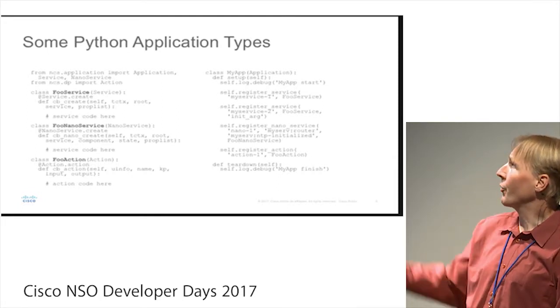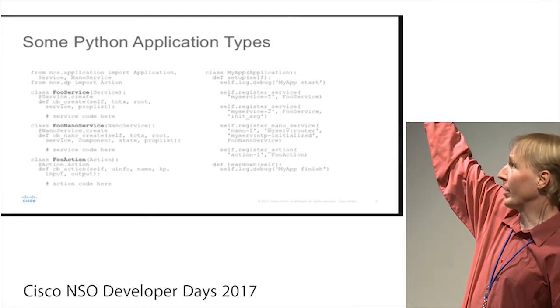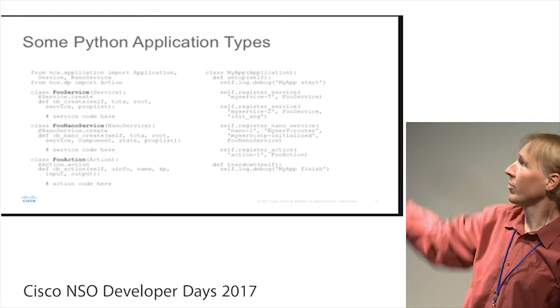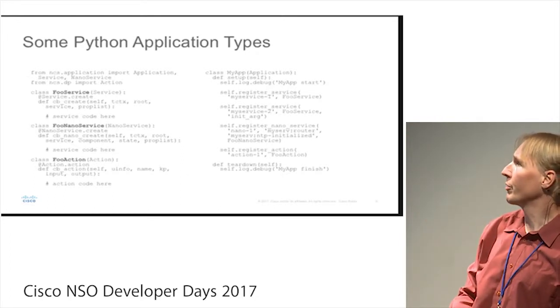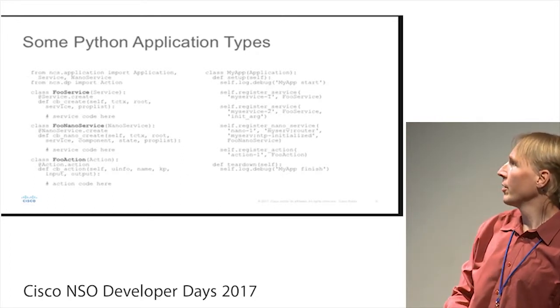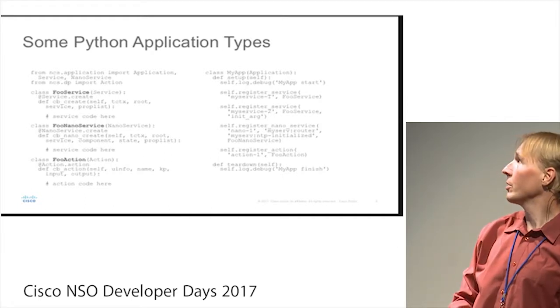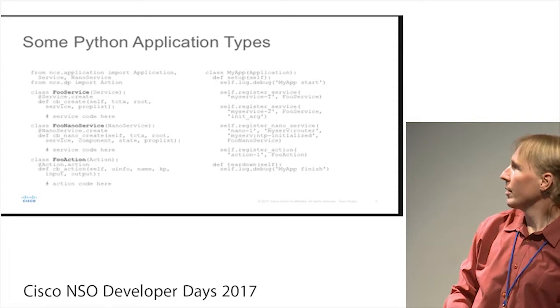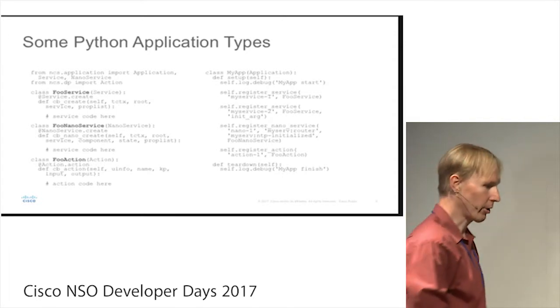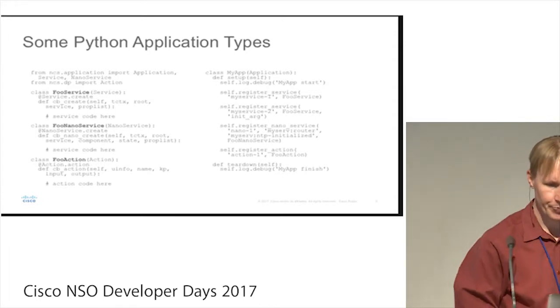And then you have your own my app, which is a type of application, and it registers these subclasses that you have, foo service or foo nano service and so on, saying I'm responsible for this. That is the mapping between, this is how you registered your classes, so it knows what to call.